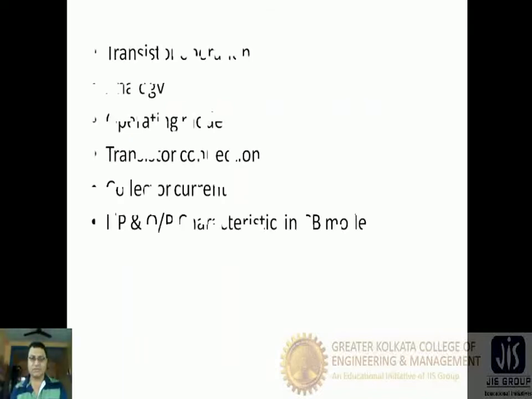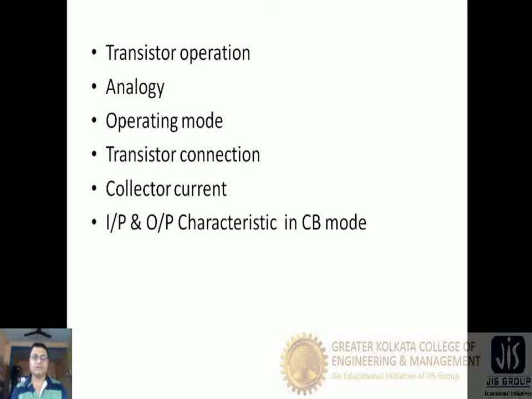Welcome to another session of my video lecture. In this session, we are going to discuss the transistor operation, the analogy of the transistor, the operating modes of the transistor, transistor connections, the collector current expression and the equation of the collector currents, and the input-output characteristics of CB, that means common base mode of the transistor.